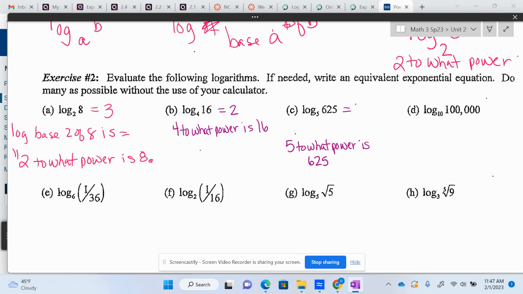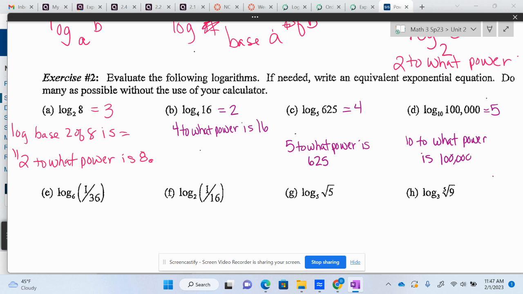The fourth. Okay, this one says 10 to what power is 100,000? Did someone say a big power? I'm so sorry. The fifth. Oh, fifth power. I thought someone said a big power. Yeah, to the fifth. Okay.